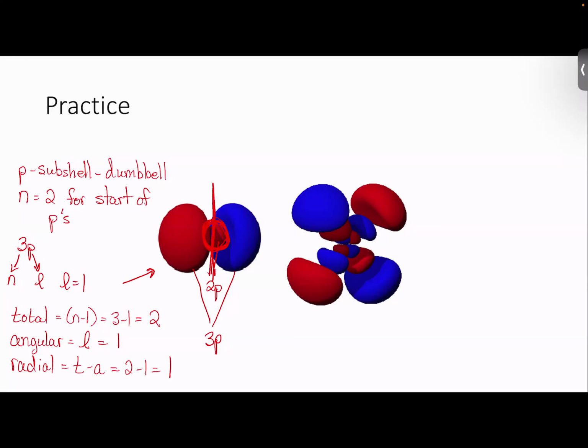Okay, what type of subshell is our next subshell? It's a D because it is a clover leaf. D starts when n is equal to 3.